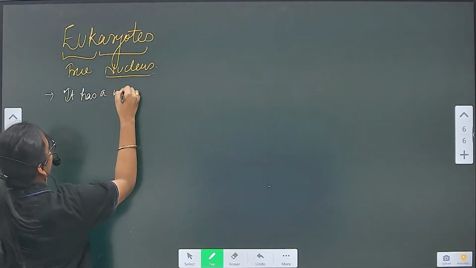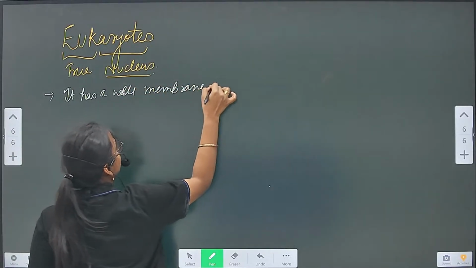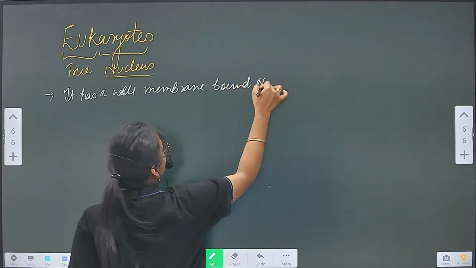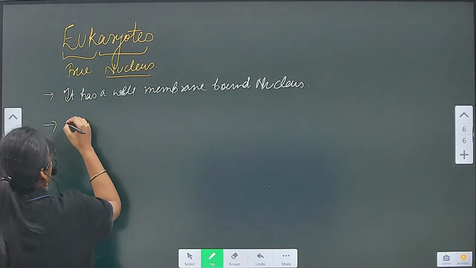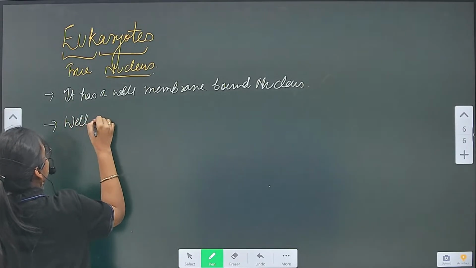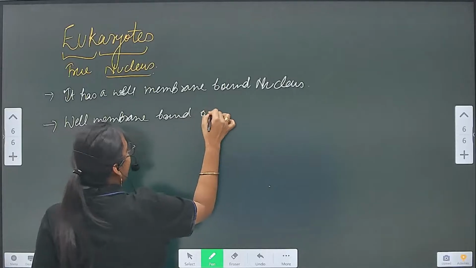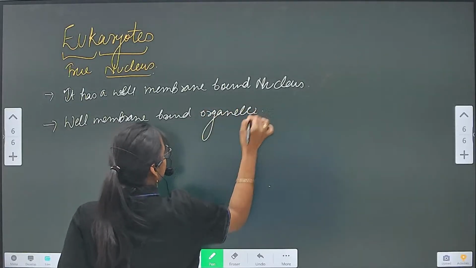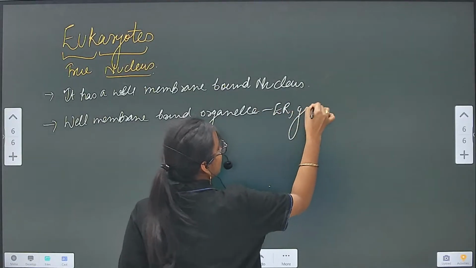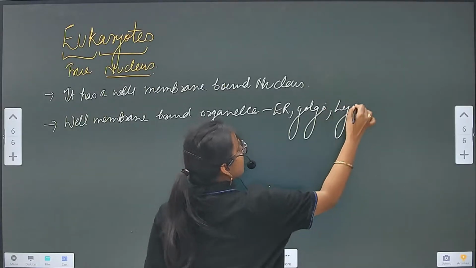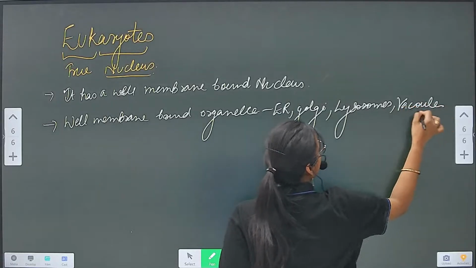It has a well-defined membrane bound nucleus. Then it has membrane bound organelles, such as ER, Golgi, lysosomes, vacuole, etc. Okay.